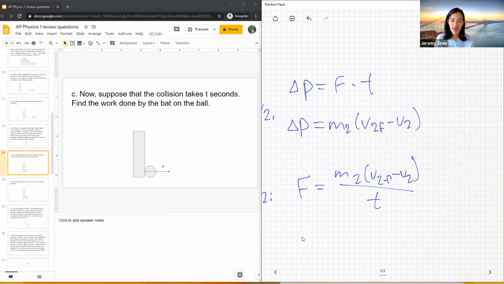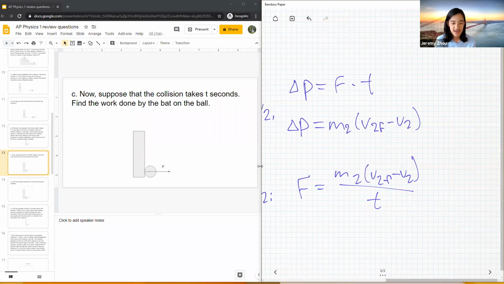The bat doing work on the ball means that the bat is transferring energy to the ball. How is this a theorem? It's just the definition of work. Unless you define work as F times d or whatever, but that's another story.